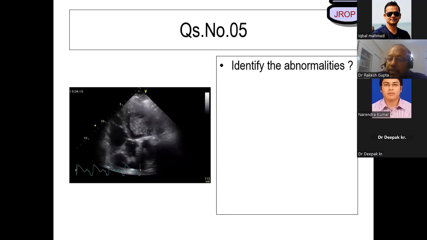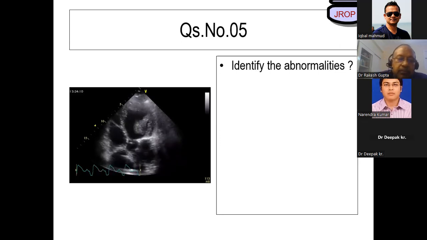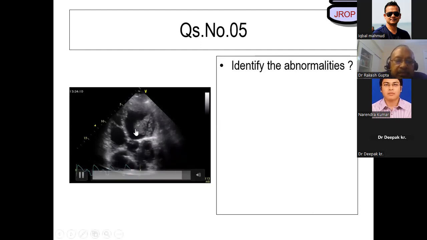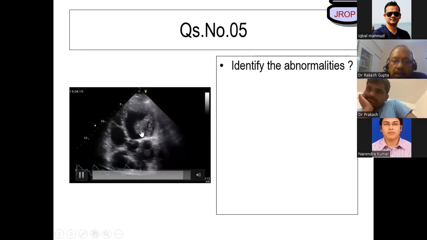Yes, sir. There is some infiltration in the basal inferolateral wall. Narendra, there is nothing like infiltration when we look in echocardiography. What is this seen over here? Thrombus or a clot, correct?